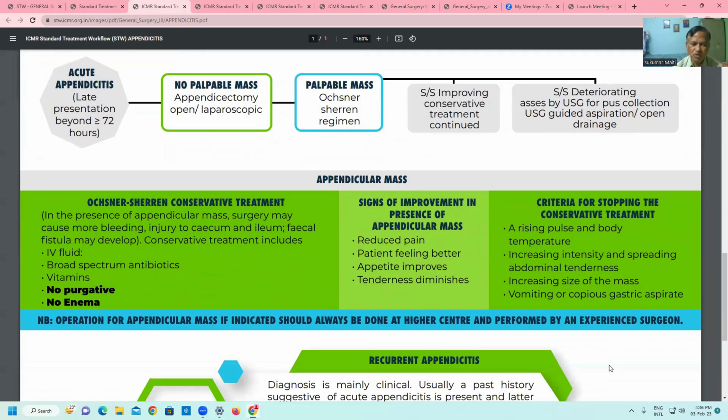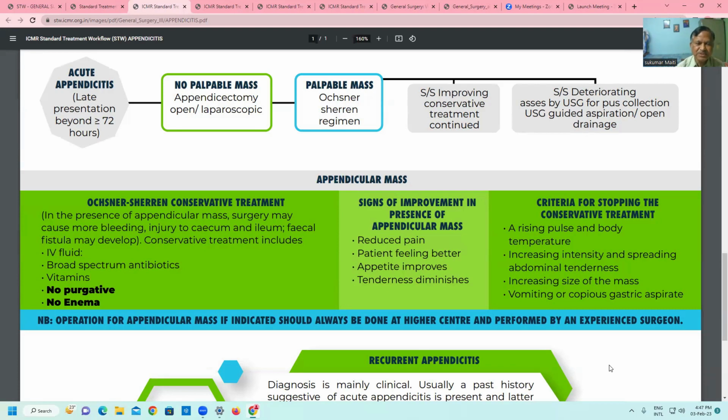We can go for conservative management, that is the Ochsner regimen. If the patient improves, the conservative treatment will continue. If the patient deteriorates with the development of certain symptoms and signs, we should go for exploration. Or if investigation shows a localized collection of pus, that pus may be drained with the help of USG by aspiration.